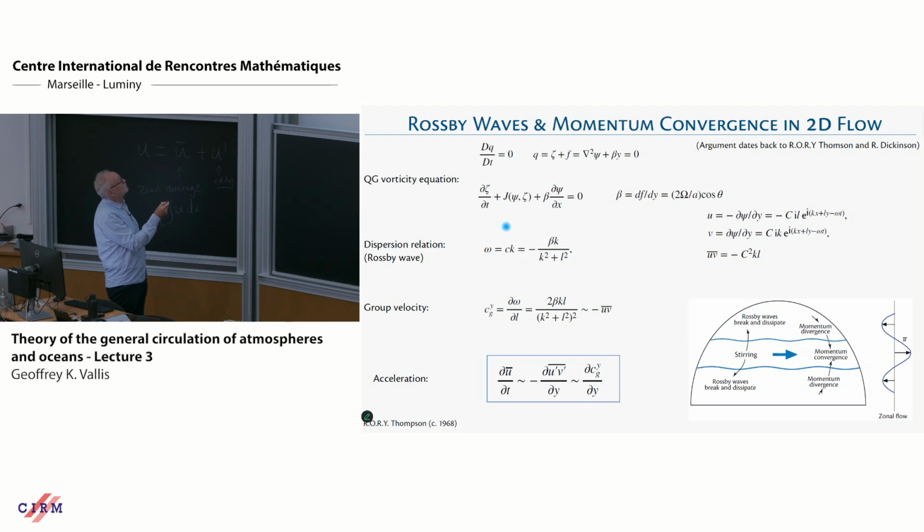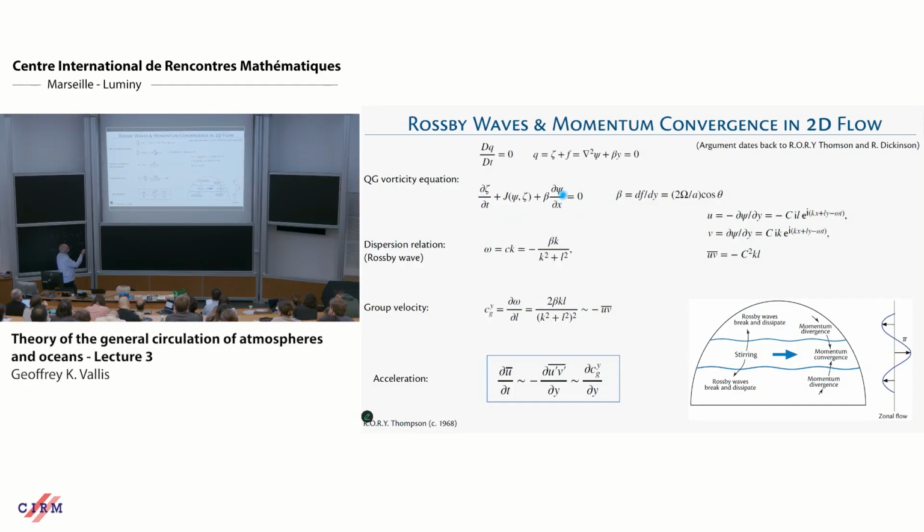And in here, the simplest way to linearize is actually just to toss out, this is the advection term. We'll just throw that away, so we have d zeta dt is beta d psi dx. D psi dx is V. So this is just the same equation we had from a couple of slides ago.